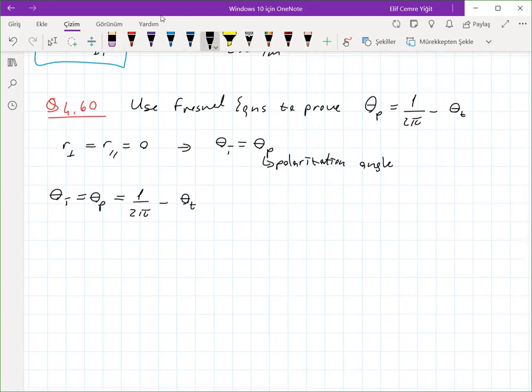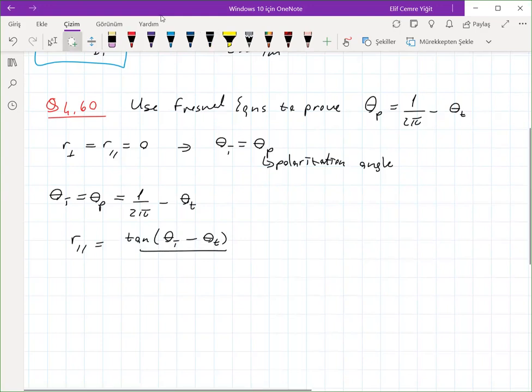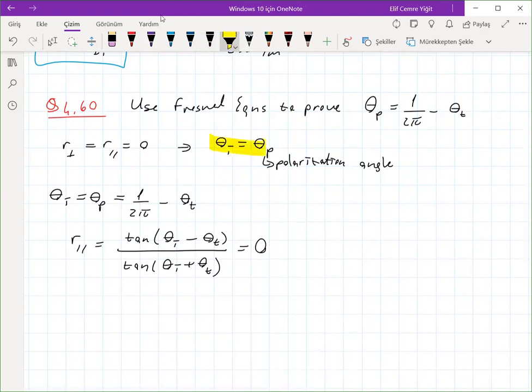I know that r parallel is equal to tangent of theta incidence minus theta t over tangent of theta incidence plus theta t, and the numerator will be 0 to validate this equality.